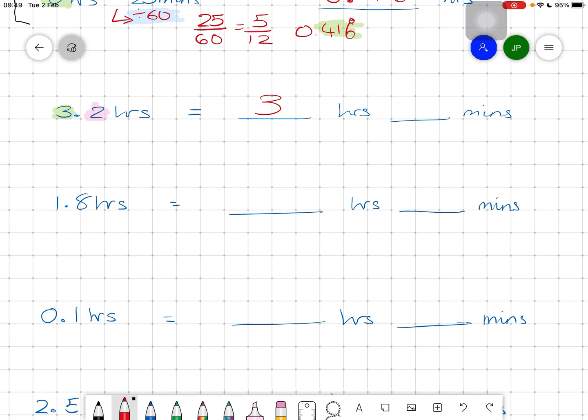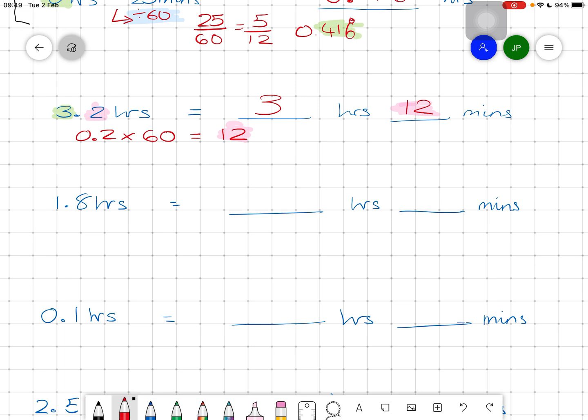Okay, now if I want to convert from hours to minutes rather than dividing by 60, I'm going to times by 60 instead. So I take my 0.2, I times that by 60, that's going to give me 12. So that 12 becomes my number of minutes. So I end up with 3 hours and 12 minutes. So it's the times by 60 that's important.